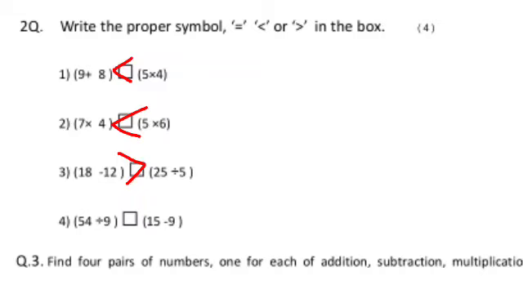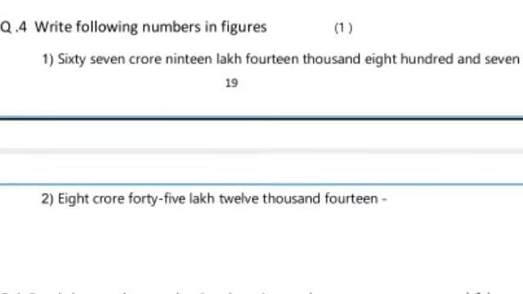Here is the same answer, 6 and 6, so we give the symbol equal to, like this. In this way we give proper symbols in the box between two answers.